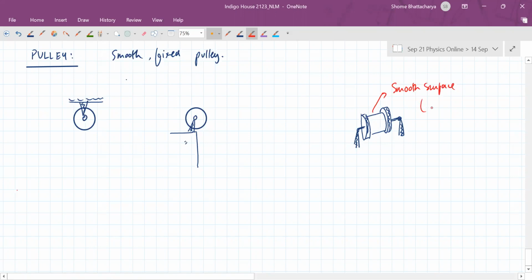That means any thread can slip freely on it. And fixed means that this axle is a fixed axle. So it is a non-rotating pulley.